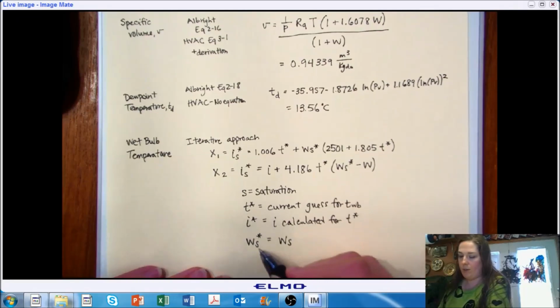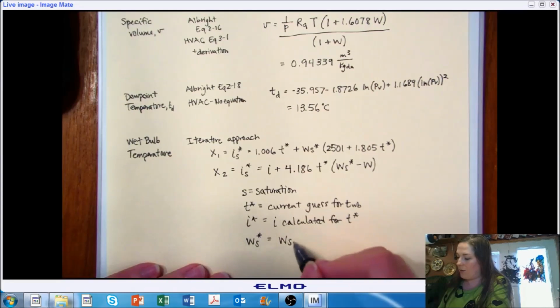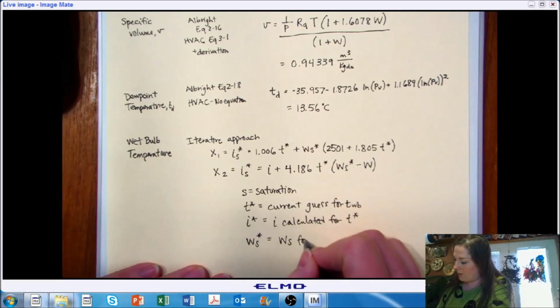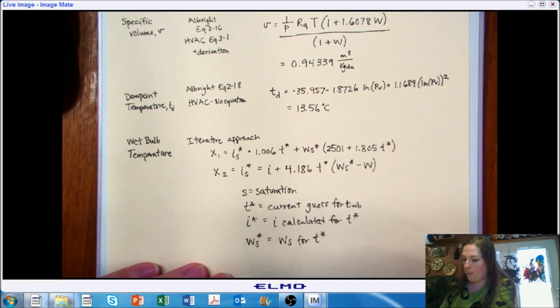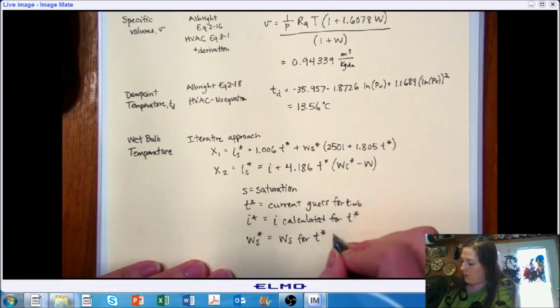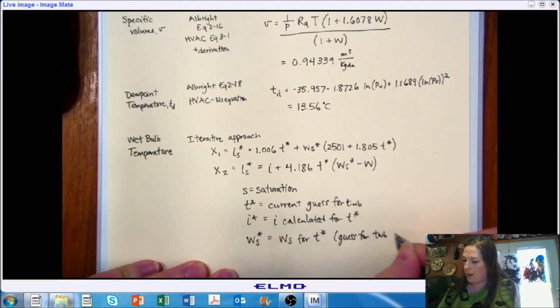And then our humidity ratio at saturation is our humidity ratio at saturation for our current guess, which really means it's for whatever our wet bulb guess is, and a relative humidity of 100%, so at saturation.